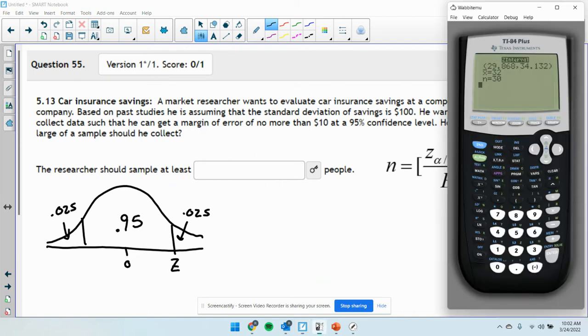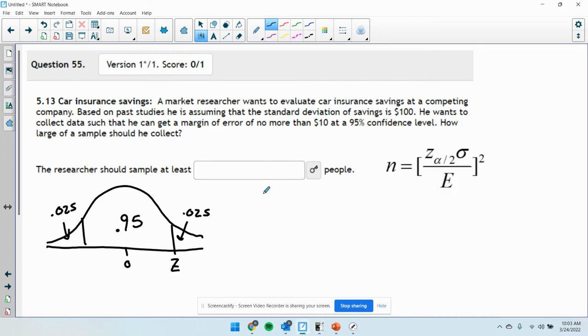So that z value, if I use inverse normal, I'm going to find the area to the left of this, which is 0.975. Mu is 0, sigma is 1. So my z value is 1.96.